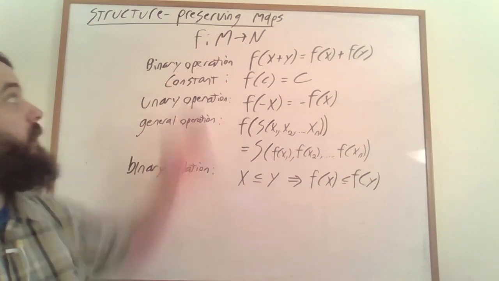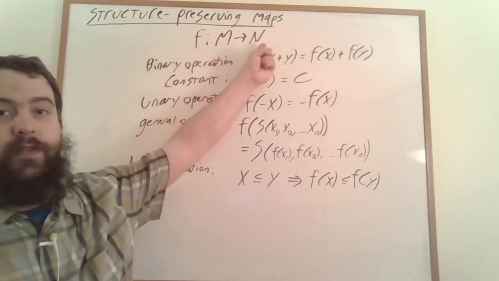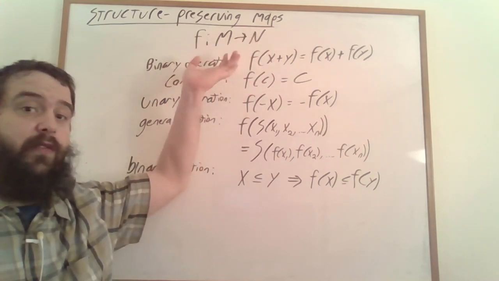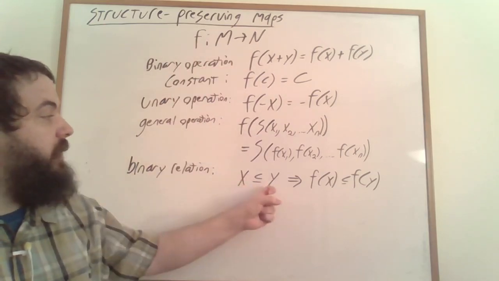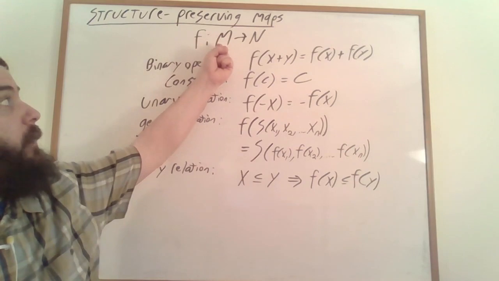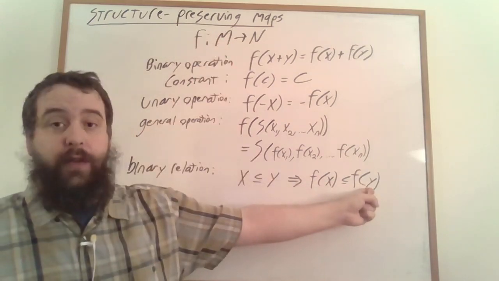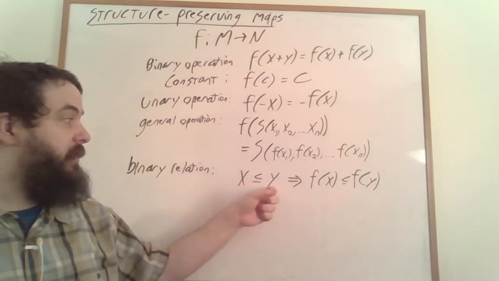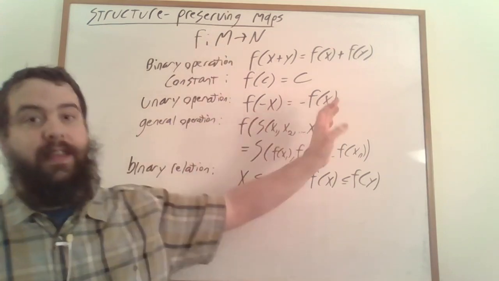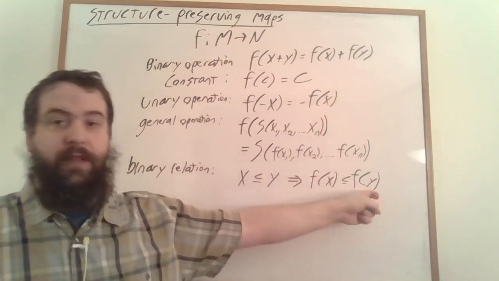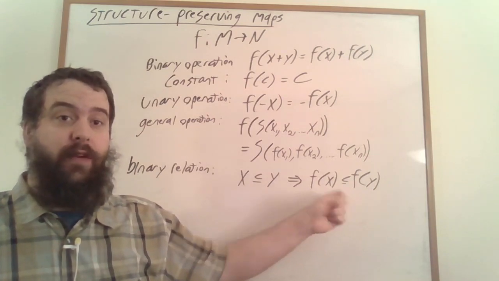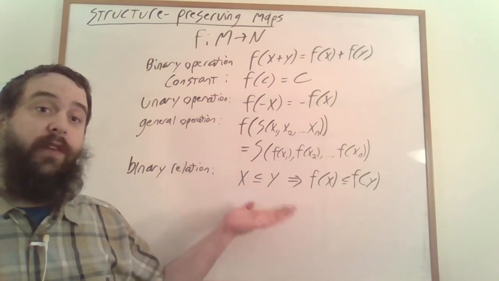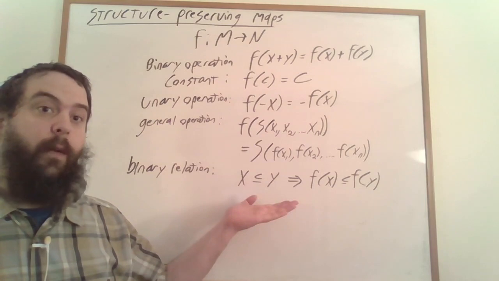Here we say that a particular function from one structure M to another structure N, with separate notions of what it means to be less than or equal to in those two different structures, respects the relation if whenever x is less than or equal to y within M, then f of x is less than or equal to f of y within N. So if we start off with two elements where one is less than or equal to the other in M, and we translate them over into N, the resulting elements are still going to be less than or equal to each other in the respective order. You might recognize this property. This is what it means for a function to be increasing, although not strictly so.